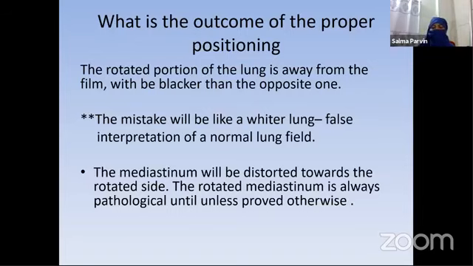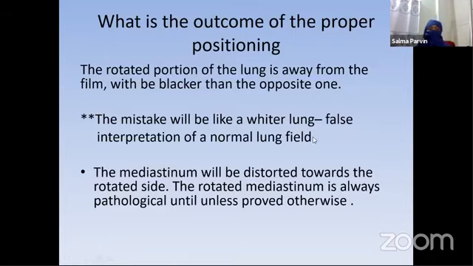If there is any distortion of the lung fields in association with the cardiac dimension being placed to the left, that is a normal scenario if the patient has got a rotation to that side.